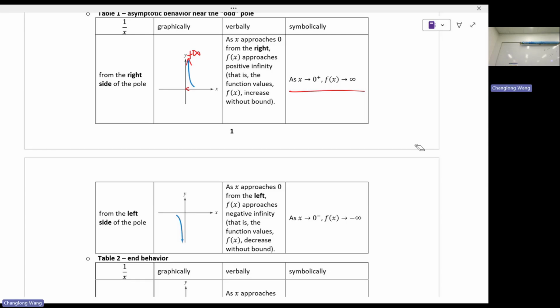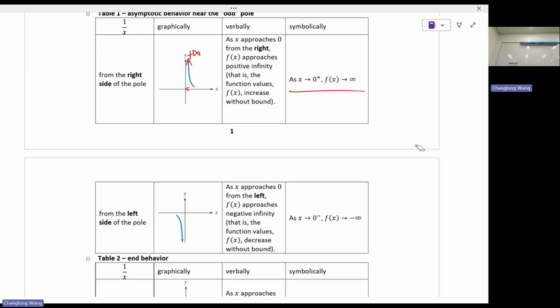So what that means is, if you do have an odd pole, you know the function is going to blow up, either one way or the other. But like you saw for the odd pole with the positive 1 over x, it's going to go the opposite way.